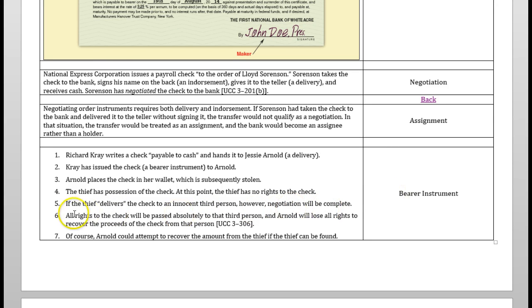All rights to the check are passed absolutely to the third person, and Arnold loses all rights to recover the proceeds from the check from that innocent person. This is an example of a holder in due course, by the way. Of course, Arnold can attempt to recover the amount from the thief if you can find the thief. So those are some examples of transfers and negotiations.